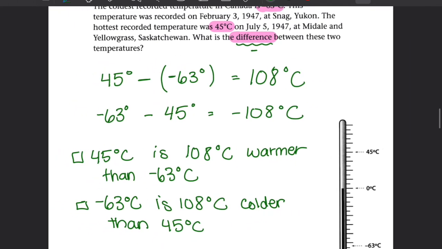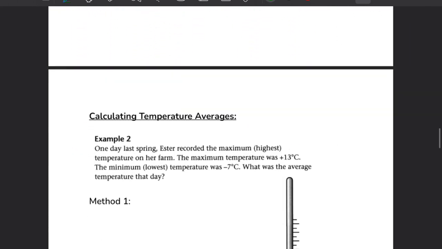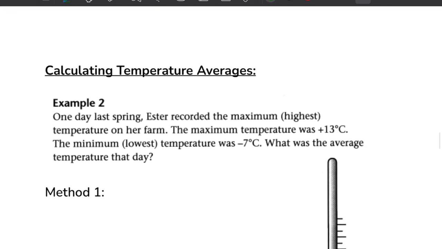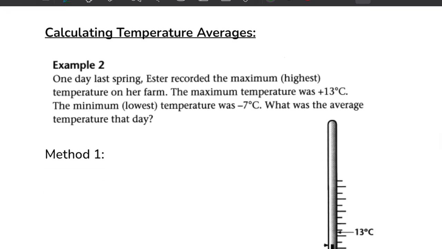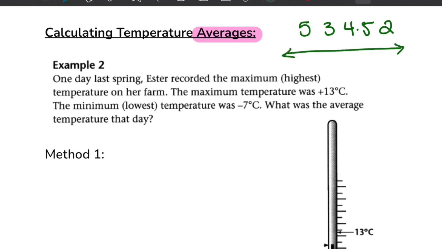Now let's look at an example where we have to calculate a temperature average. By definition, an average is the central point between two values, or, if you have, for example, several numbers like 5, 3, 4.5, 2, we want to know what is a central number in which all these numbers are around.